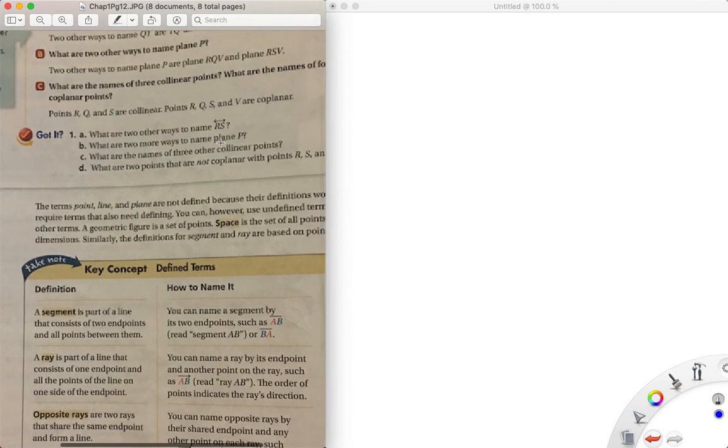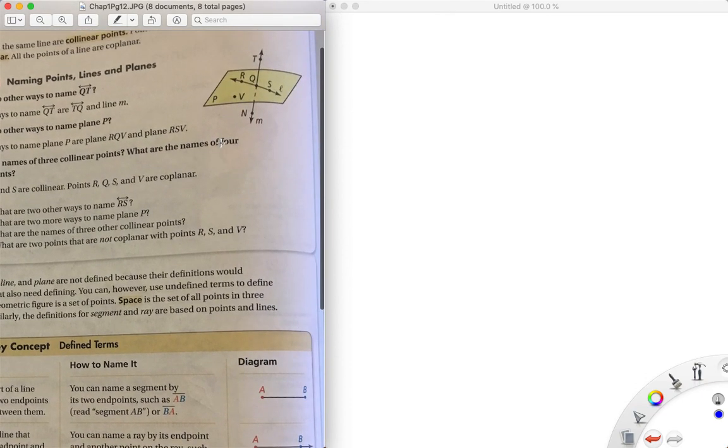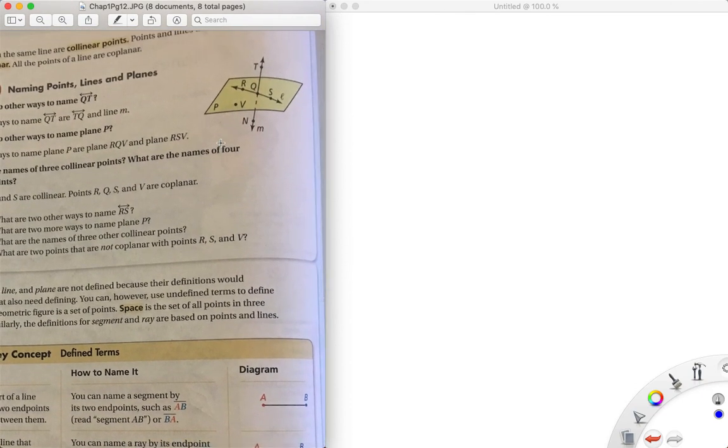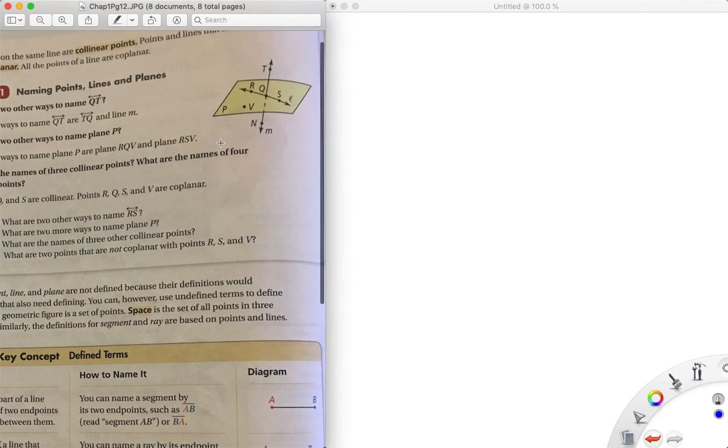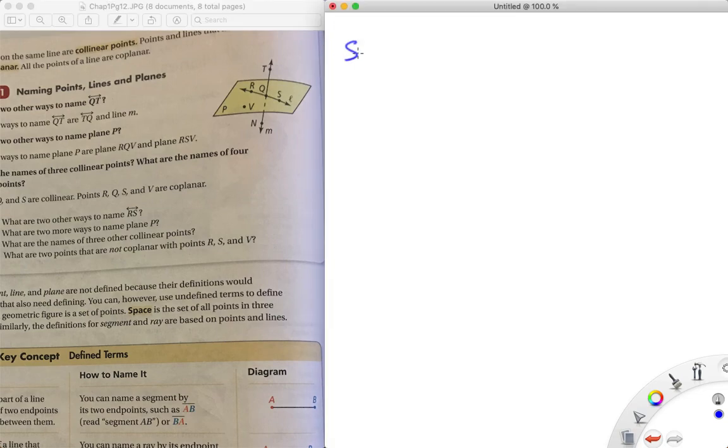So looking at this plane, they asked for two other ways to label line RS. So we can call this line SR. Remember, with the line symbol on top. Q is within that line.